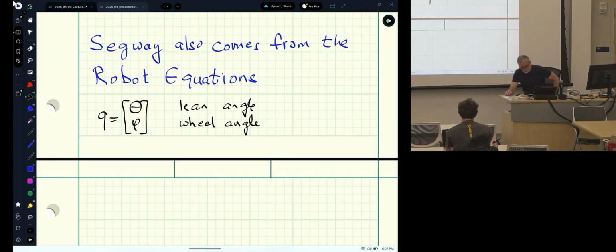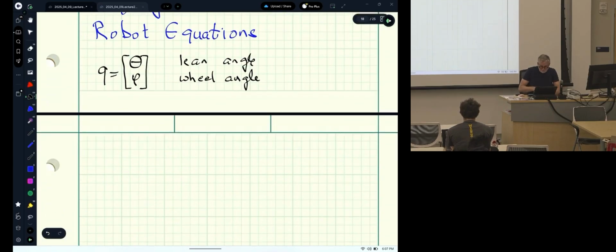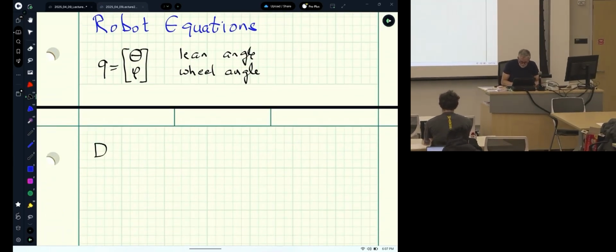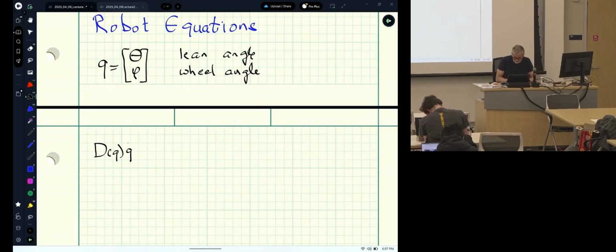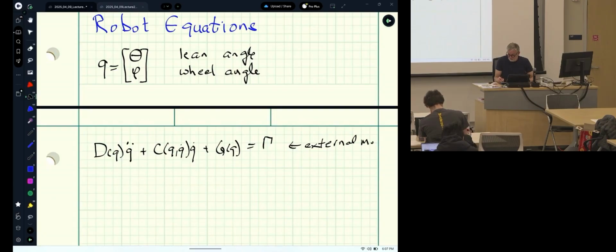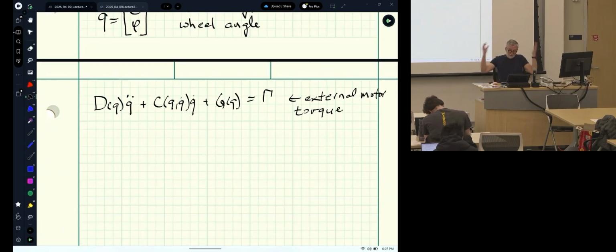So that's the angles. And then it has the robot equations. And remember, that's the external forces like torques, external motor torque. Okay, so you can linearize the robot equations as well.